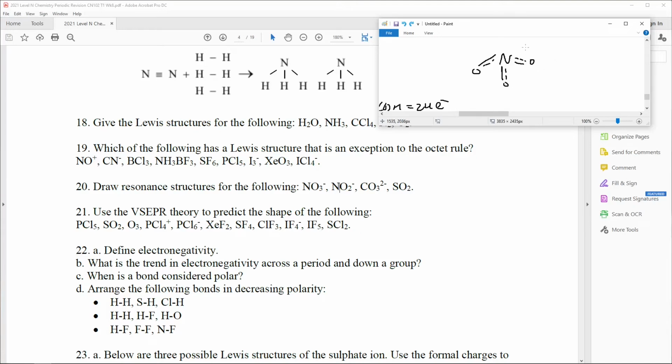So this is 1.3 stronger than a single bond, because you have it resonating here, resonating there, and there. Like the electrons are just like this basically. So yeah.